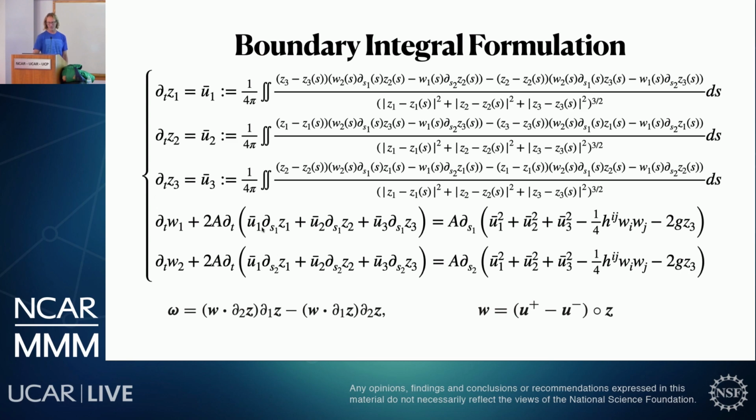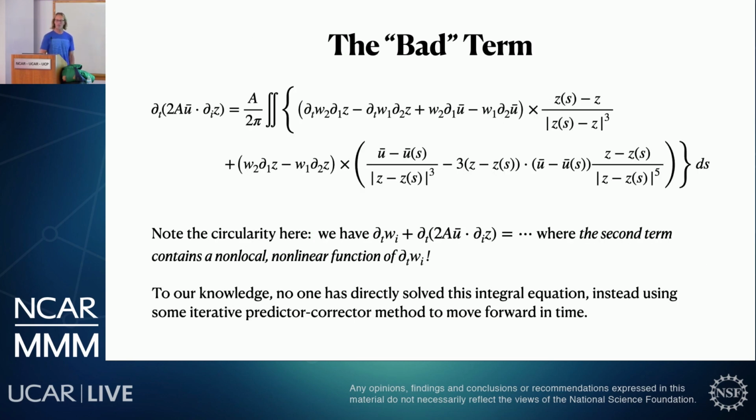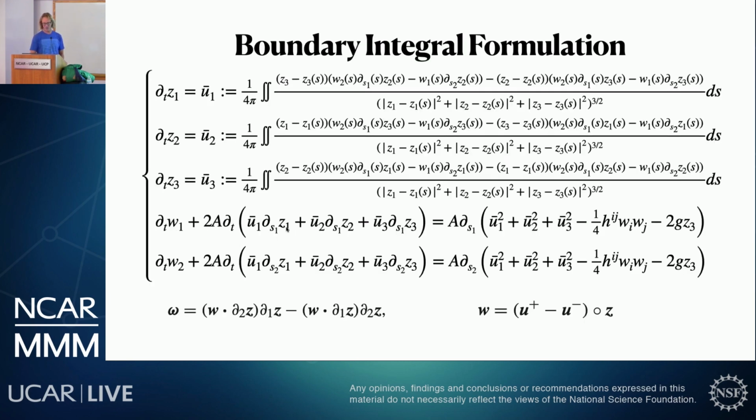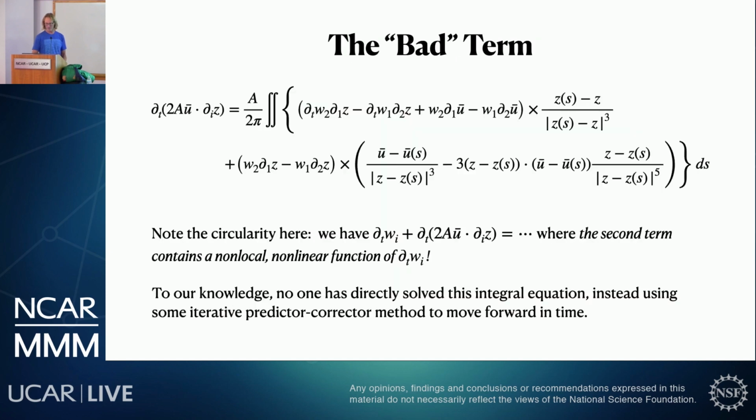So this term here and this term here become exceedingly difficult to try and solve for in a stable fashion in 3 dimensions. In 2, it can be done. In 3, it's rather difficult. So this is what I'm saying is the bad term. This is this term here written in vector notation with a scalar product.